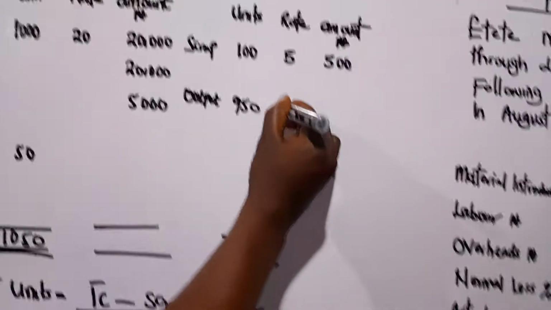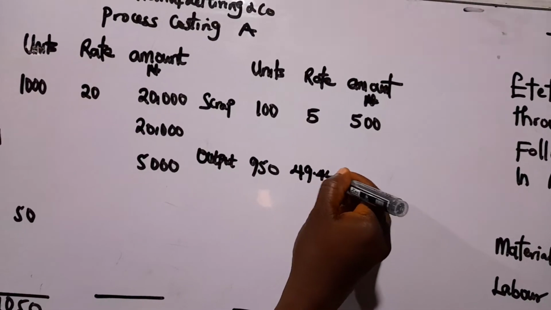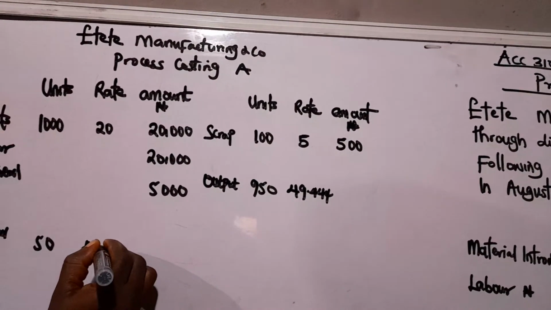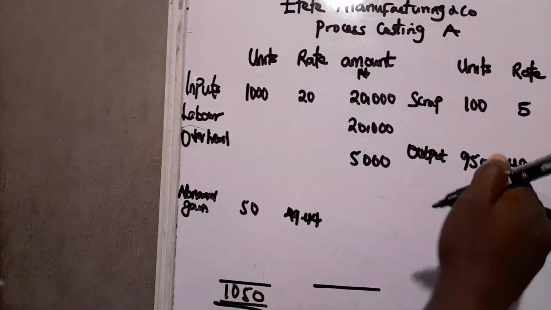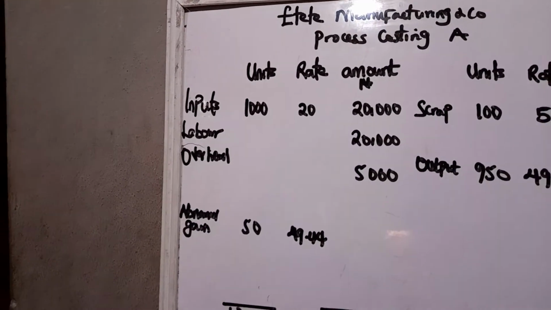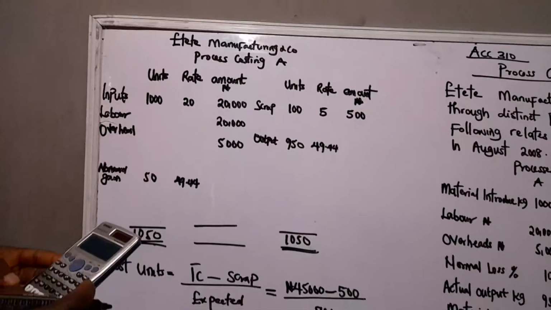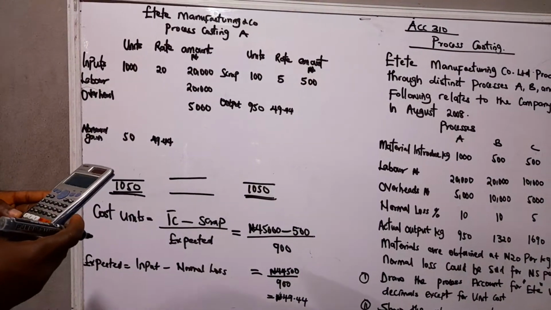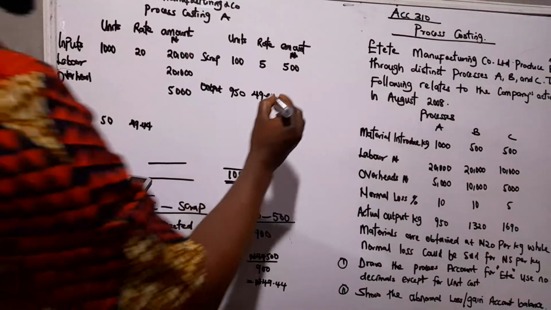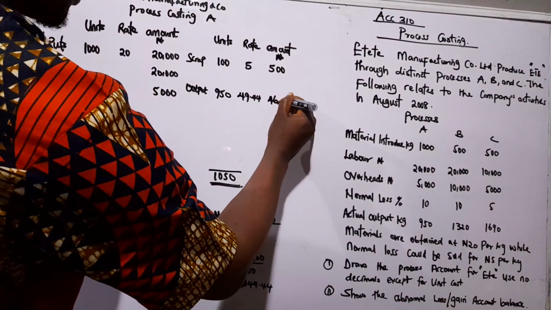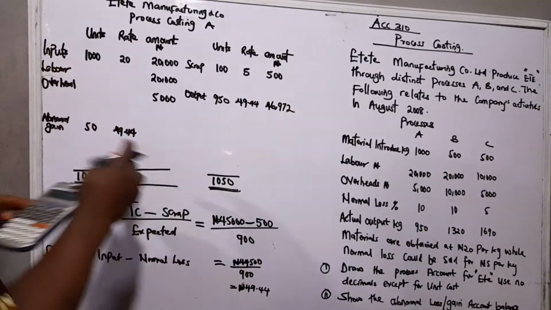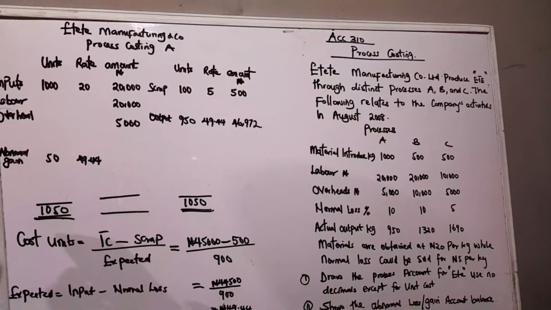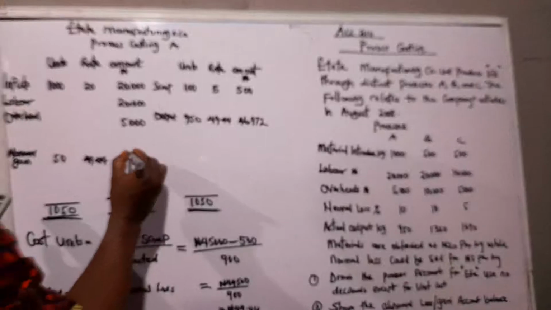I'll bring it here, 49.44, then I'll bring it here also, 49.44. Now I'll multiply by 950 units. That gives me 46,972. Then I will repeat the same, 50 times 49.44. That gives me 2,472.